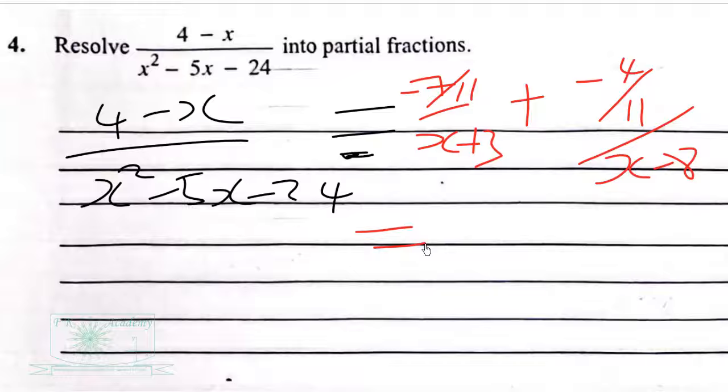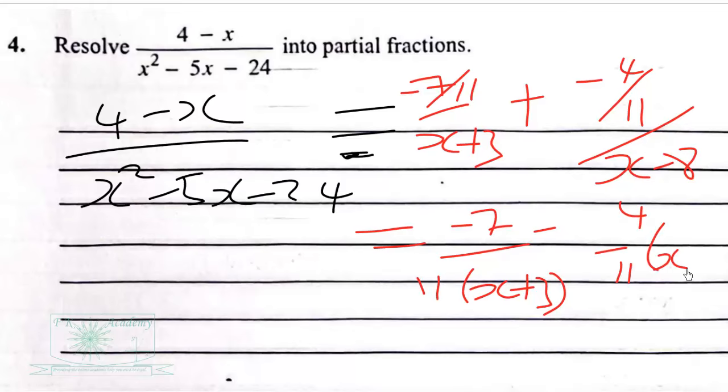Or this will be negative 7 over 11 times x plus 3, minus 4 over 11 times x minus 8.